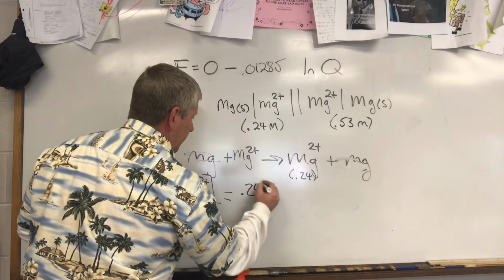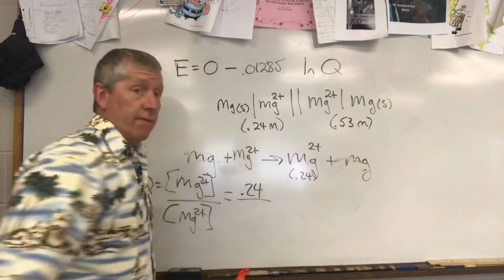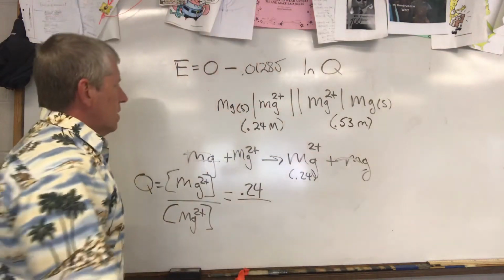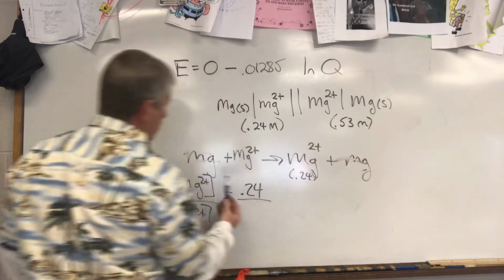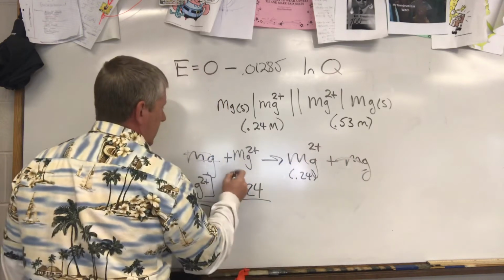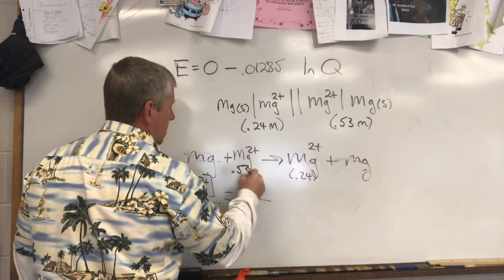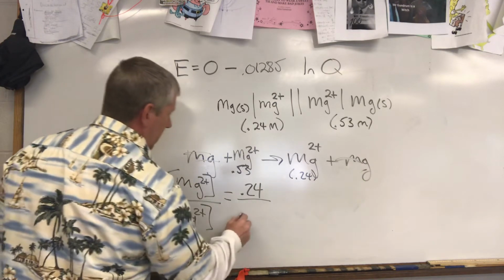Now you have a 50-50 shot at it. You can put the 0.24 or the 0.53 on top. But no, we don't want to go for it. Let's get it right. This one here went from the oxidized to magnesium. So the reactant on the left is 0.53, and the reactant goes on the bottom.